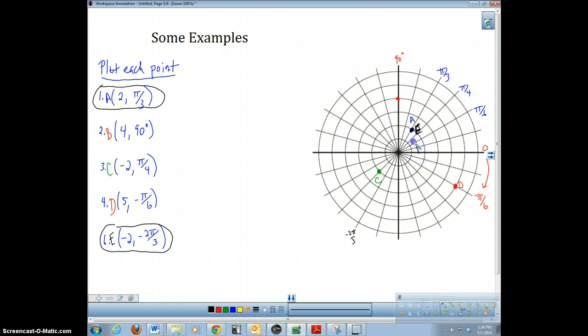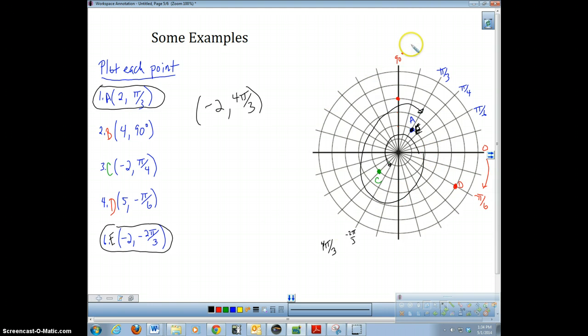Or we could have gone all the way over here, which is 5 pi over 3. Sorry, that's 4 pi over 3. We could have gone negative 2 comma 4 pi over 3. Or, okay, so we've got a few options. Or we could have gone this way all the way around that way.